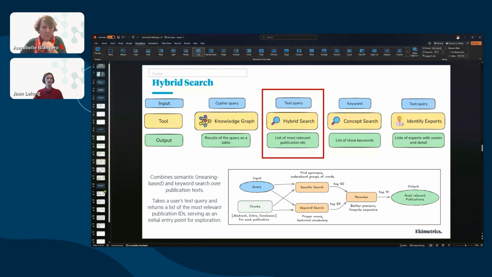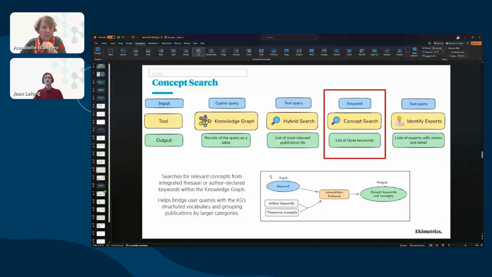And on the same idea, this is another tool written with Neo4j to find different concepts and keywords. So concepts are the vocabularies they usually use, and keywords are the keywords declared by the authors of their publications.